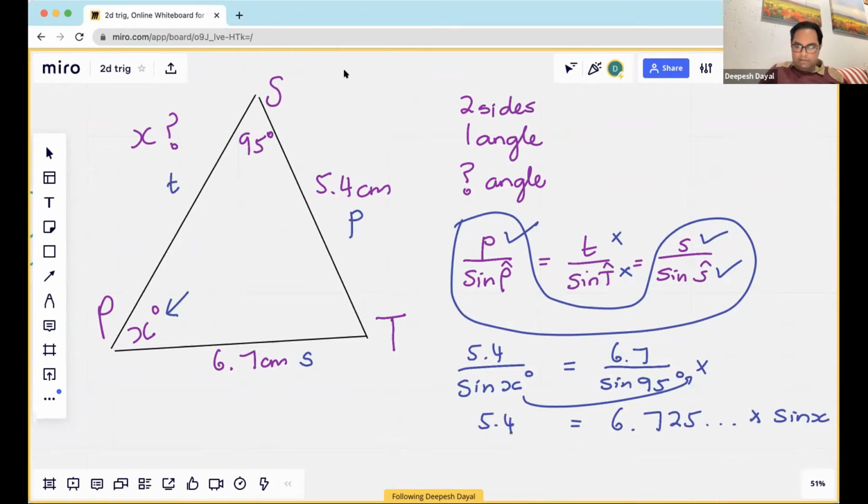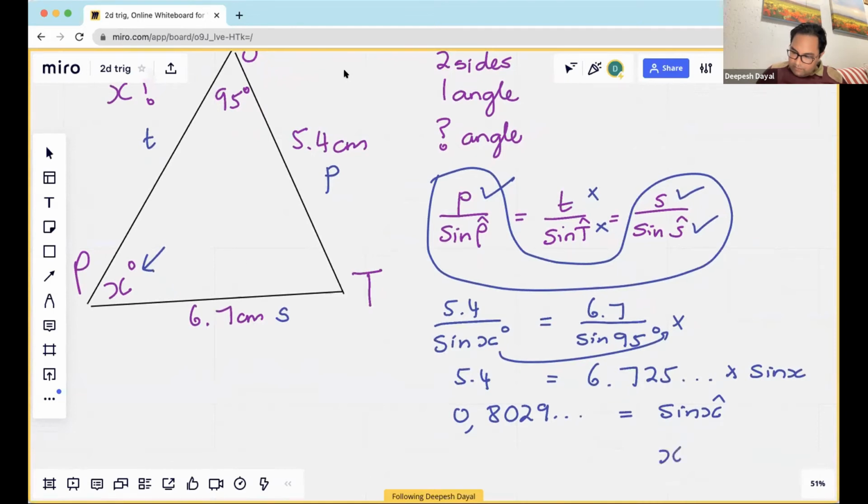Then we're going to say 5.4 divided by 6.725, which is 0.8029... equals sine X. And remember, because we're looking for an angle, we're going to say shift of sine, which gives me 53.42. So X equals 53.42. And there we go.